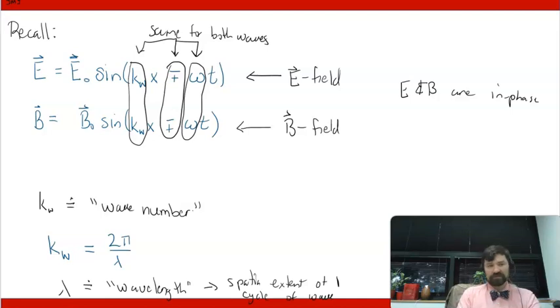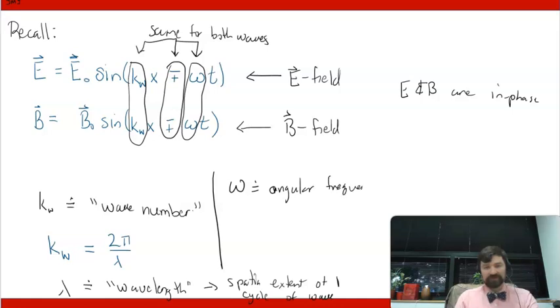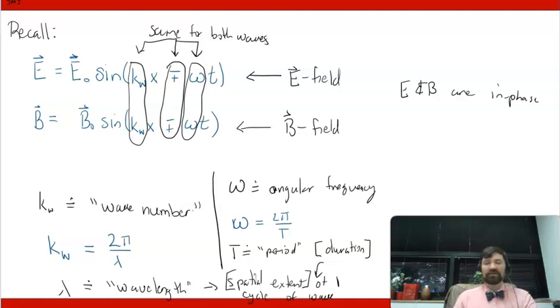And then the flip side to that is that omega, which is the angular frequency, is related to the period by omega equals 2 pi divided by the period T. So T represents the period, and that would be, instead of spatial extent, the duration or time extent of one cycle of the wave.